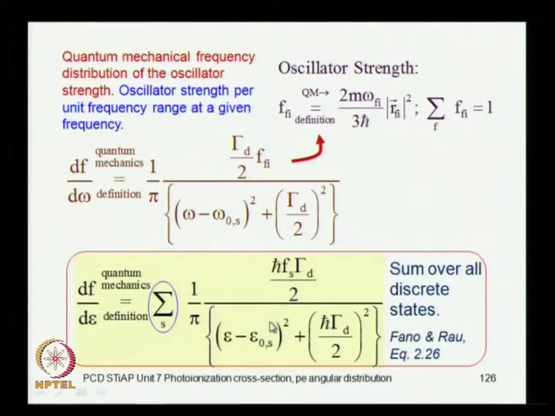So, this is the quantum mechanical description of the oscillator strength, and it has been so defined such that you can carry out certain extrapolations of very important dynamical properties across the ionization threshold when you go from discrete to the continuum.